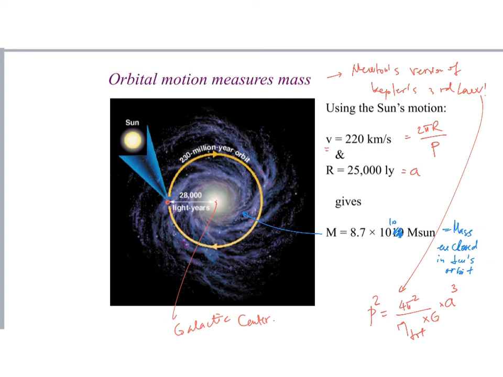And in case you're curious, this is the formula, where r is the radius of the orbit of the sun around the galactic center, given by the radius times the rotational speed squared divided by capital G. We put in all the values that we were able to measure, like how long it takes for a full rotation of the sun around the galactic center, which is 230 million years, and the semi-major axis, or radius, let's use the same notation, which is 28,000 light years.